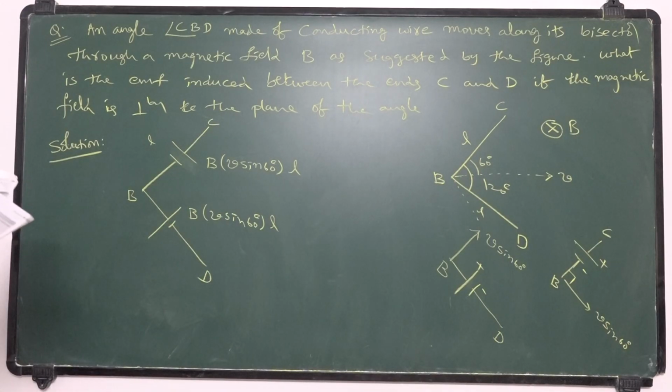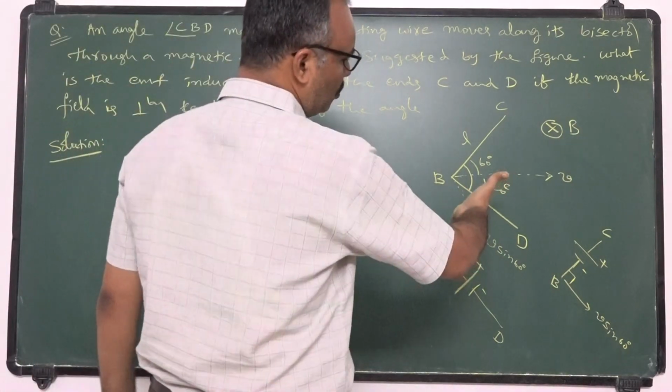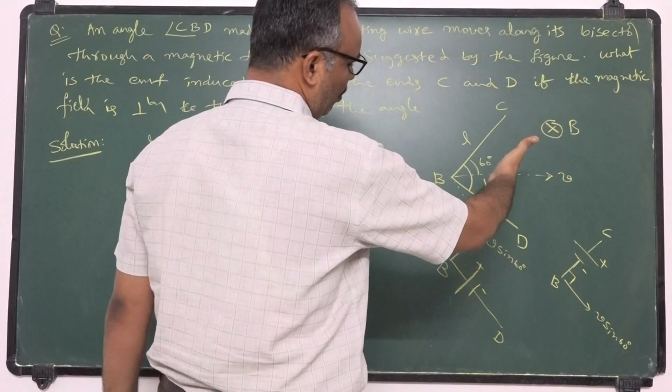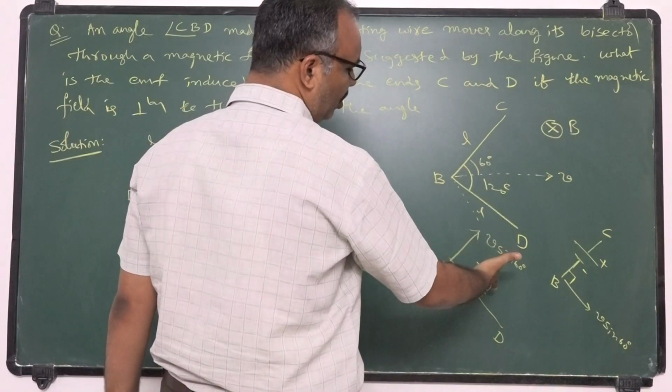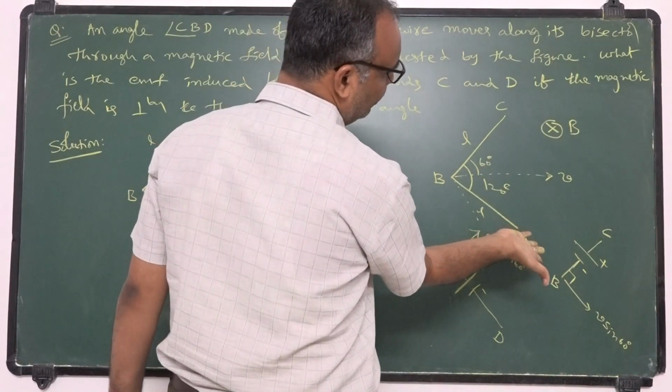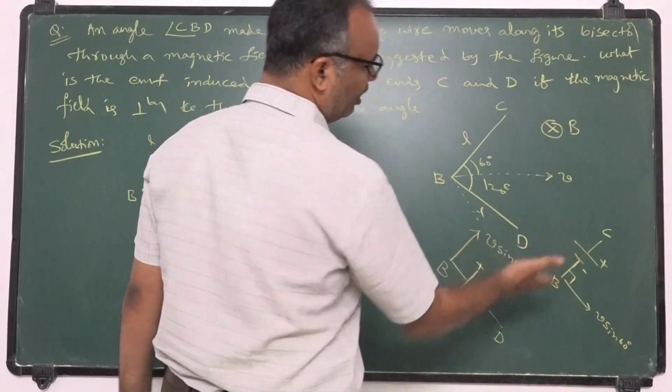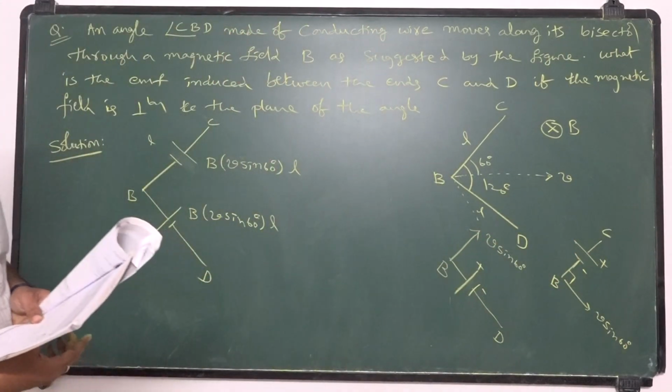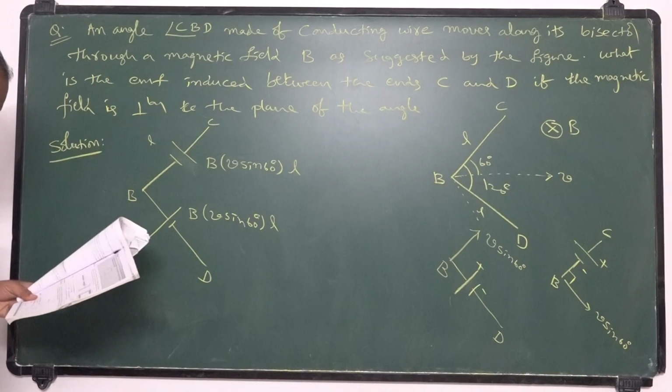Once again, you see whether the directions are correct or not. Here, velocity is upwards, magnetic field is into the paper, so we will have positive potential this side and negative potential this side. Here, velocity is like this, so positive potential that side and negative potential this side. So this is the orientation of those fields.